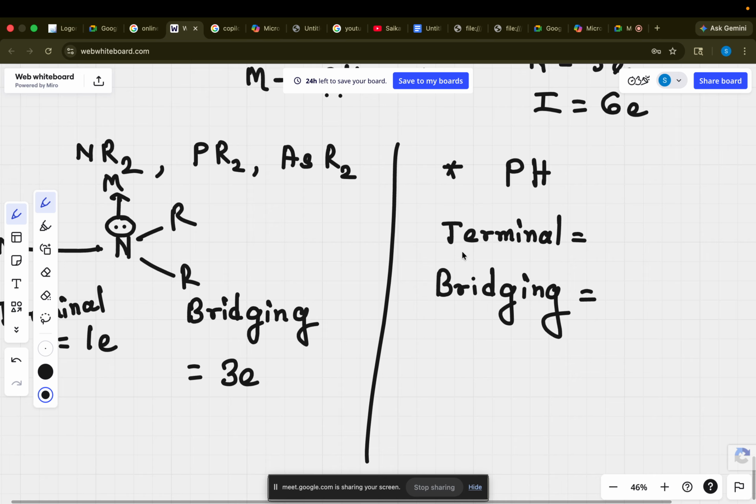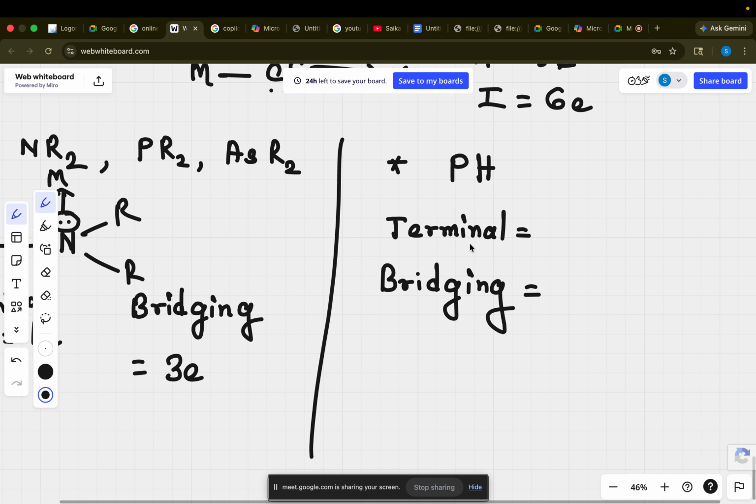Terminal 2 electrons? How are you getting 2? Check again. Terminal 1, bridging 2, for the total electron count.